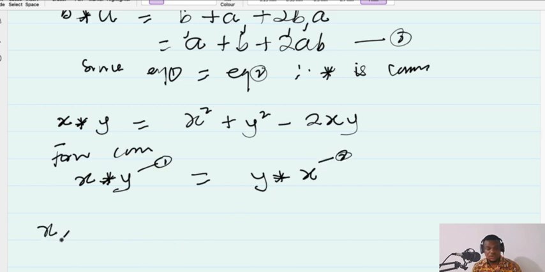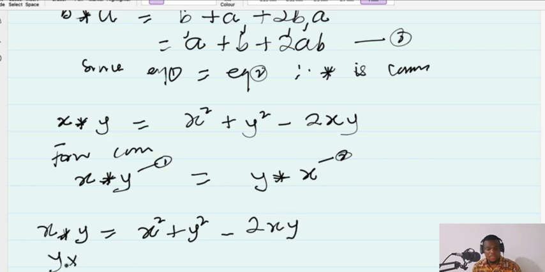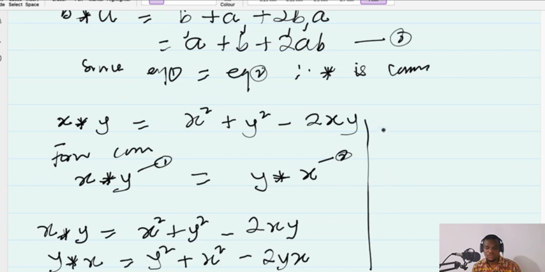So X operation Y will give us X squared plus Y squared minus 2XY. For Y operation X, the first is Y, so it will be Y squared, the second is X, so X squared, minus 2 times the first, which is Y, times X, which is the second. So let's rearrange: X squared as first, plus Y squared, minus 2YX.